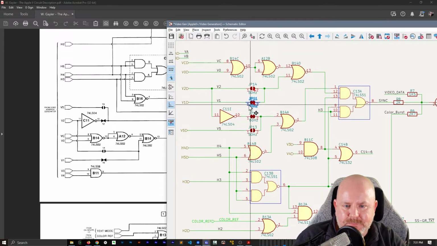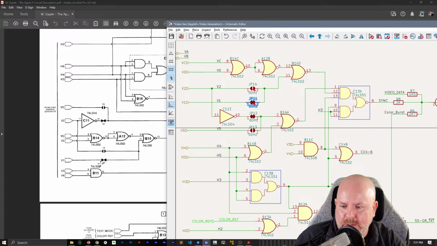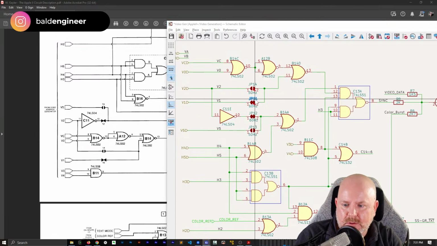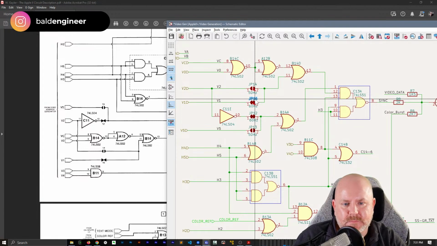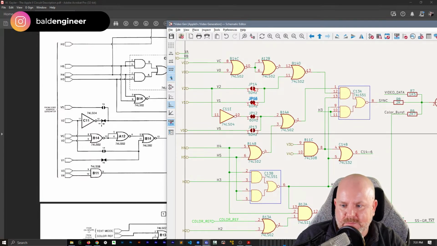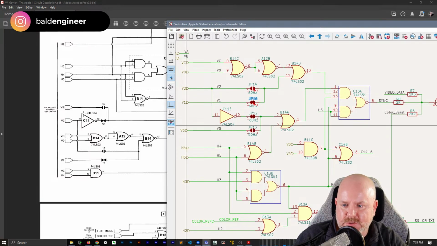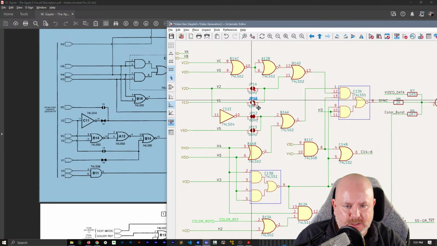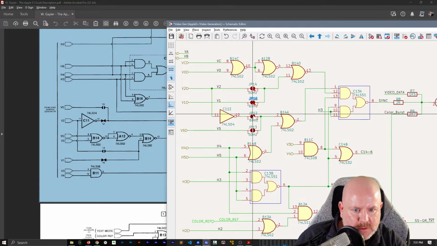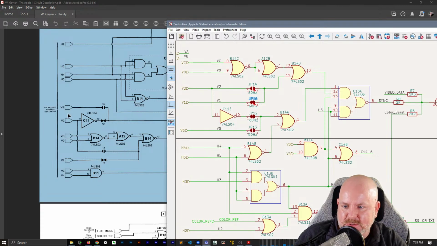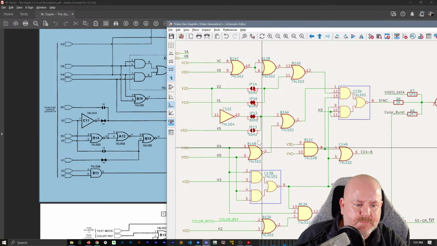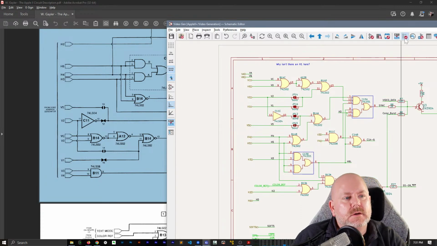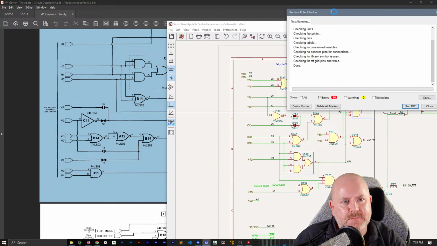And then 11, which is connected to V1, and that goes to pin 11. This should be 16. And then 12 connects to 10 and 2. Okay. I figure we might as well check these while we're here. And 13 connects to 5. I already checked that one. Okay. So that takes care of those. Let's see if ERC is happy now.